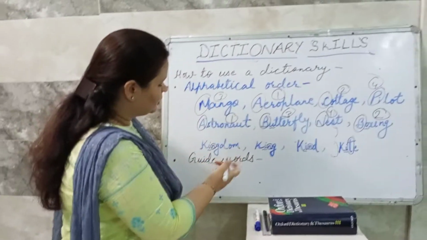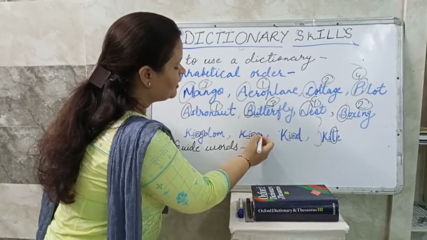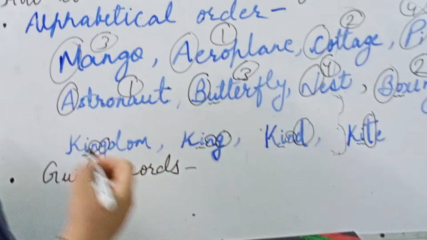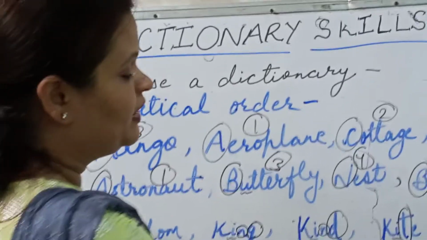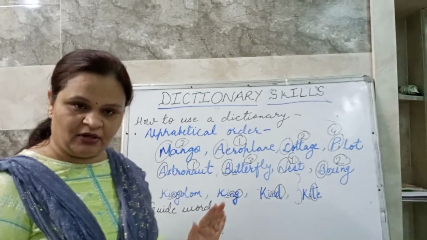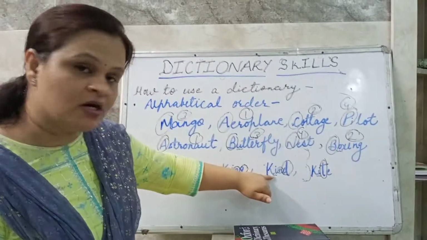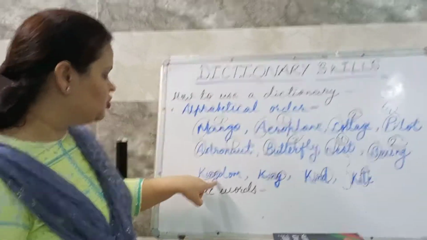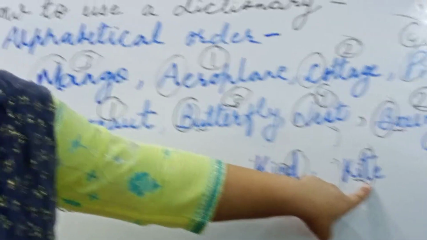In kingdom the fourth letter is G. In king also G. In kind the fourth letter is D. And in kite the third letter was different, so we cannot move on with the fourth one. Now the process is done, now we have to arrange. For these three words we can see the fourth letter: G, G and D.